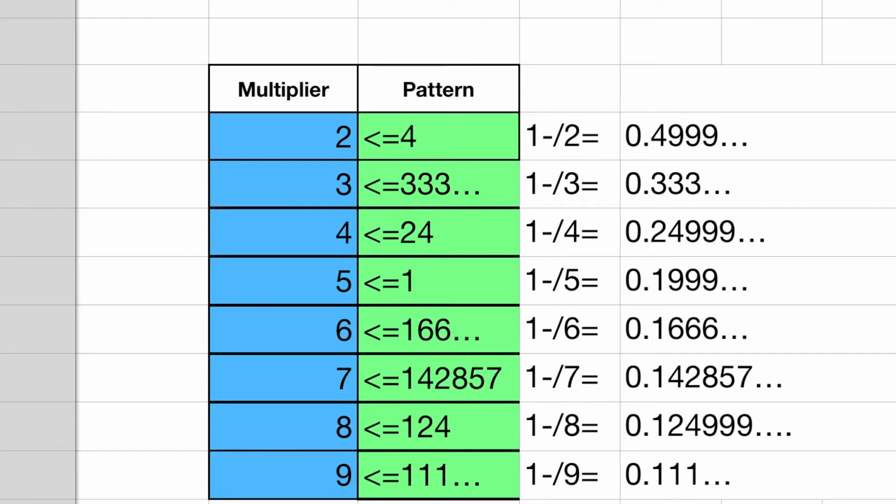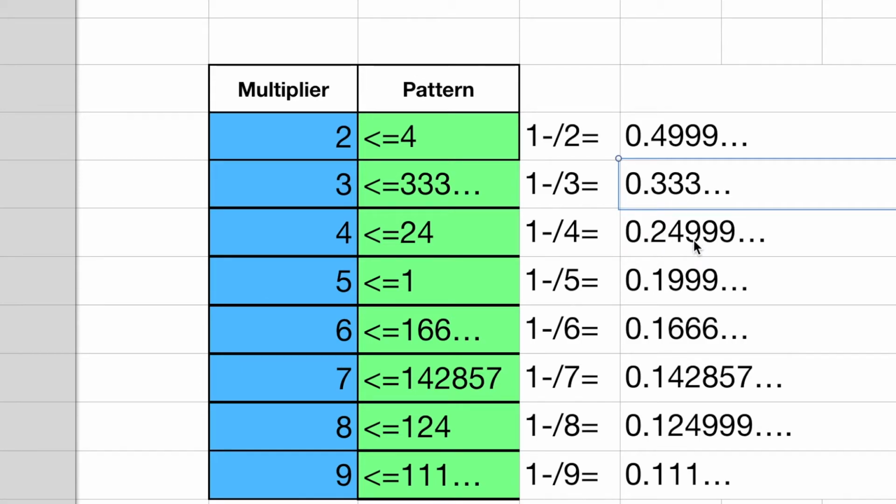Since 9 is the biggest digit, no matter what digit the number has at any place, it will always be 9 or less, which will match the pattern. So we can ignore from 9 onwards and keep the rest as pattern. So here, in case of 2, we can ignore 9 and we can ignore 0 and dot, so we have 4. So pattern should be 4 or less. In case of 3, we have to keep 333, so we can remove 0 and dot and we have 333.